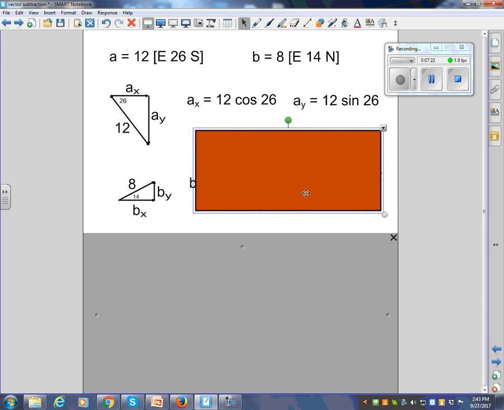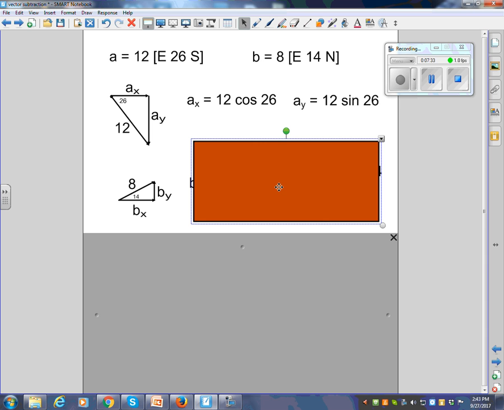How do you tell if it's negative? Excellent question. Now it doesn't actually give it. Oh, you wanted the answer. Is the answer not there? No, it's not. Fair enough. Okay, so that's going to be 12 cos 26, right? So 12 times cosine 26, 10.8.